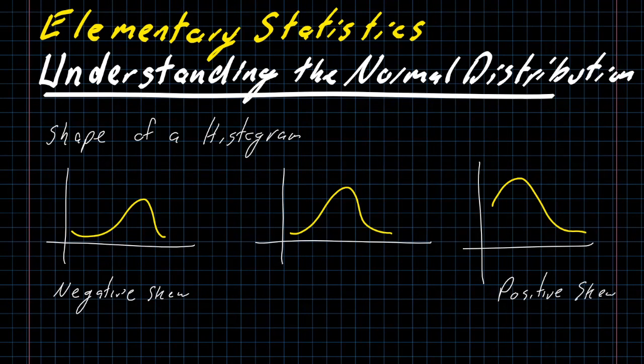And the graph in the middle, which is very much symmetric over some central point, we said has no skew. And we said that's also called normal. Right? So that's what we're looking at when we're talking about a normal distribution. We want to study graphs that have this kind of a shape.